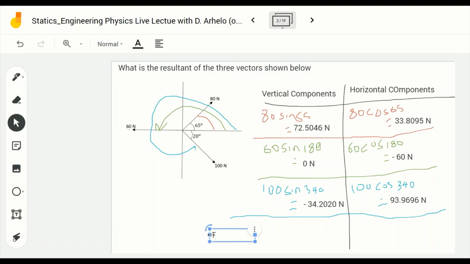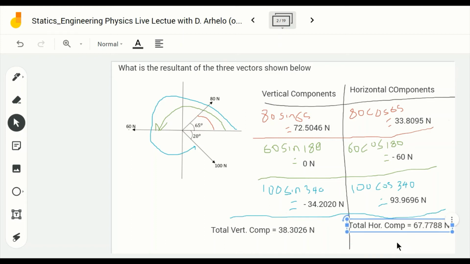My total vertical component is 38.3026 Newton, while my total horizontal component is 67.7788 Newton.